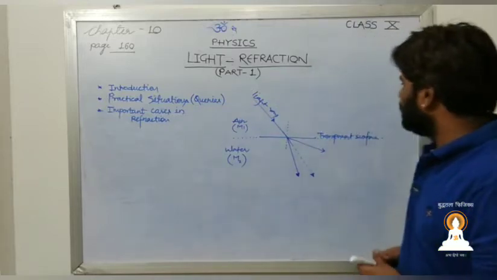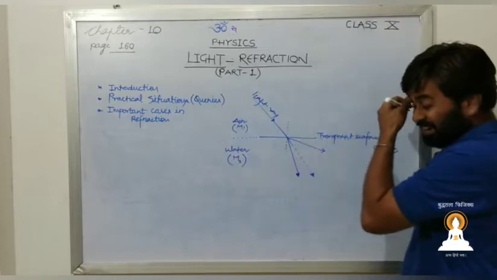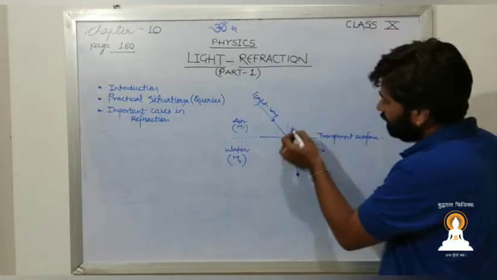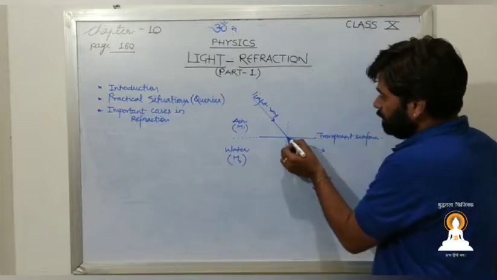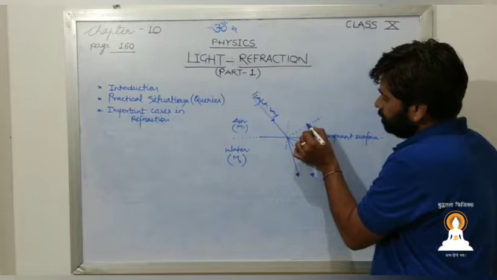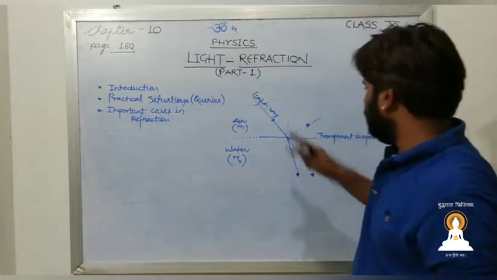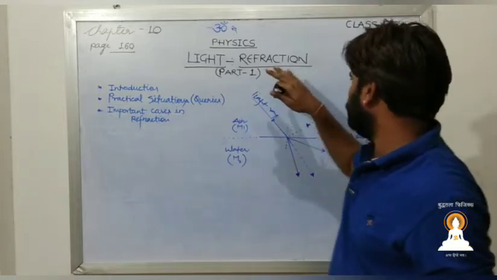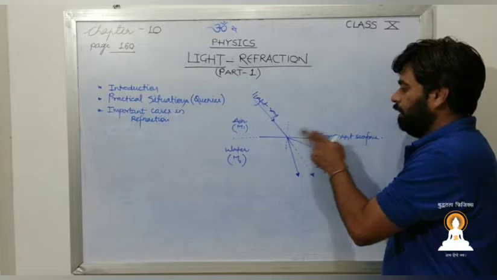Now you may ask, sir, in refraction, may there be a reflection also? It might be possible, but in a very minute way. We are not going to talk about this at this stage, because we are going to talk about refraction only, so we should not bother about it.